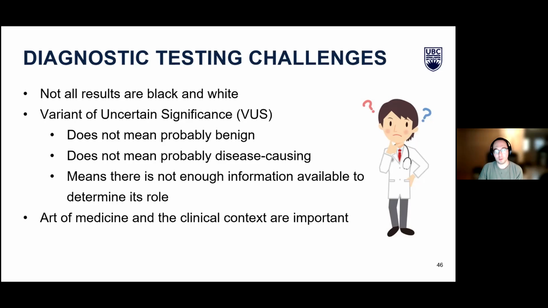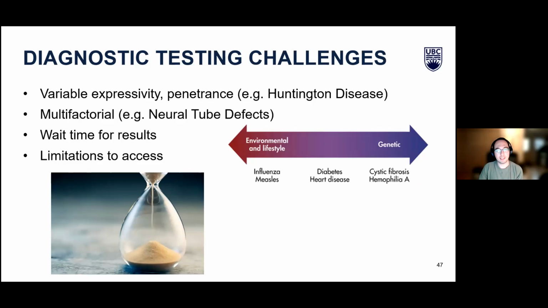However, if we're seeing just some random VUS that we found on genetic testing, and we're testing it for some disease that's very vague, and we don't always know if there's a genetic condition associated with it, then we can be stuck really unsure of what to do with that VUS.